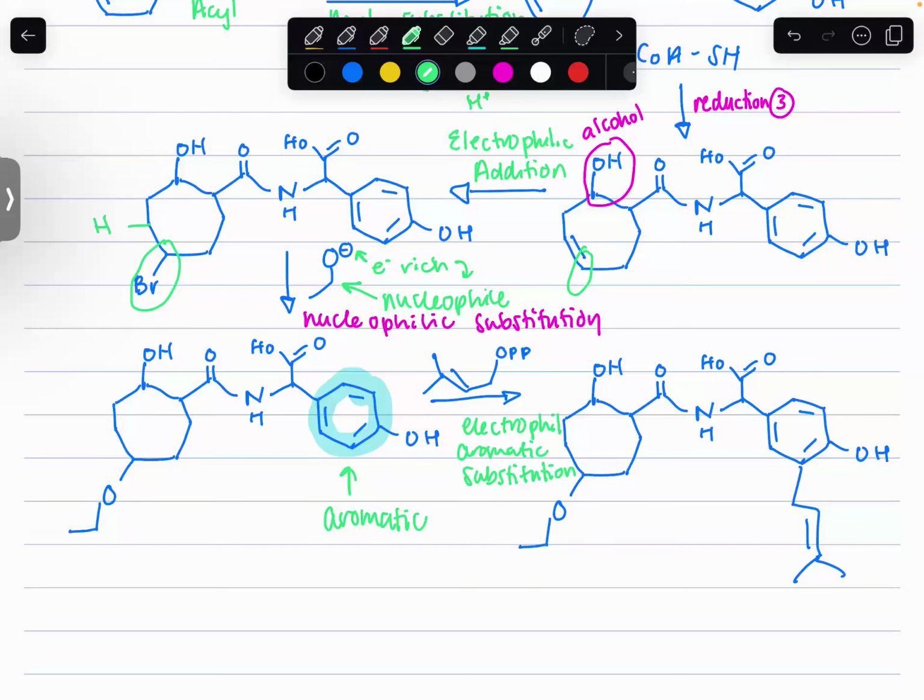Because this OPP leaving group leaves as OPP minus. So it'll create a cation on the carbon because it'll leave like this. So it'll take the electrons with it when it leaves and generate a cation.